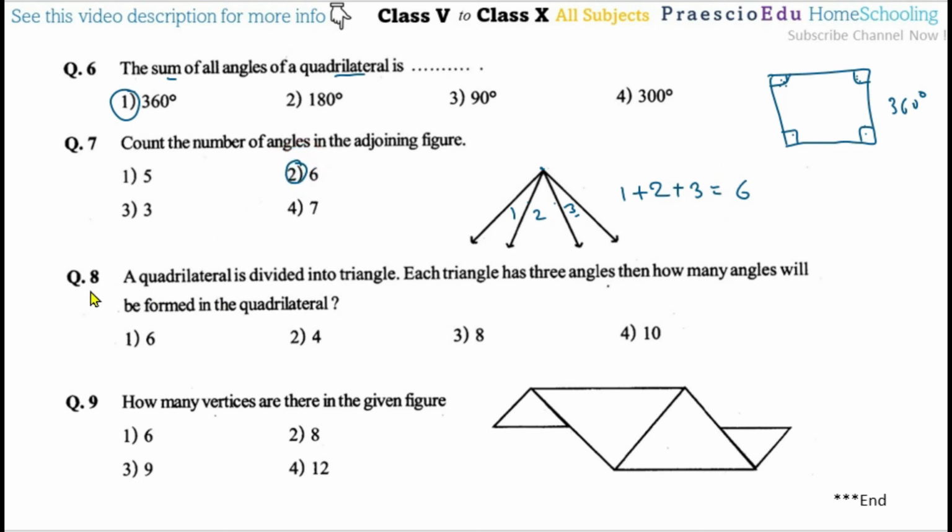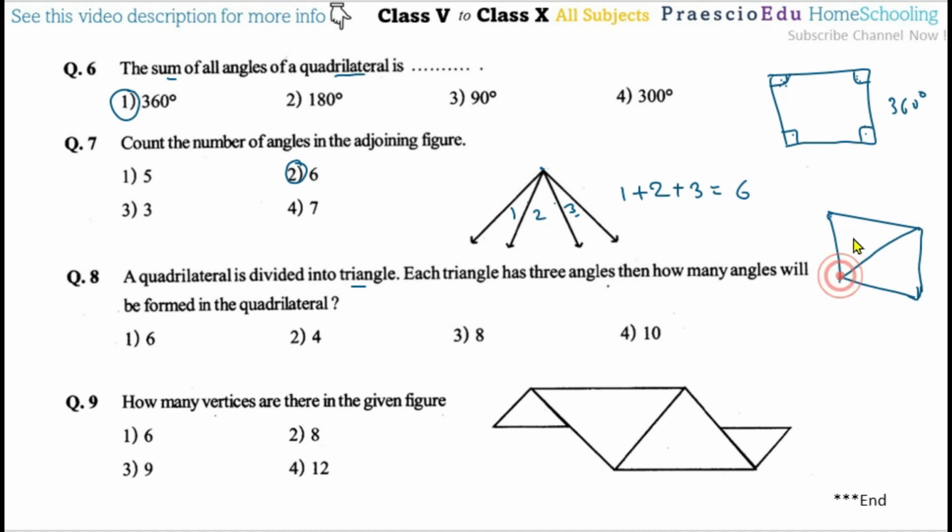Now question number 8, a quadrilateral is divided into triangles. Each triangle has 3 angles, so how many angles will be formed in a quadrilateral? Suppose this is any quadrilateral with 4 vertices. If you draw a diagonal, it is divided into triangles.